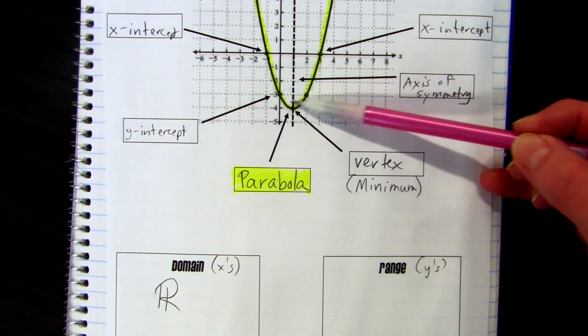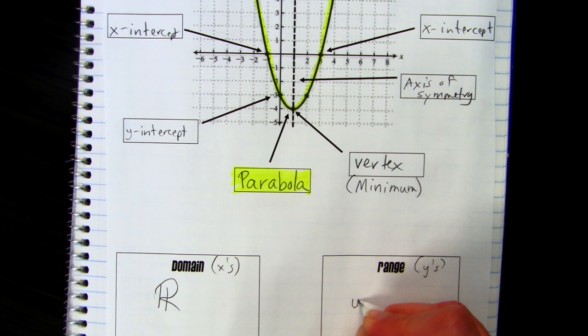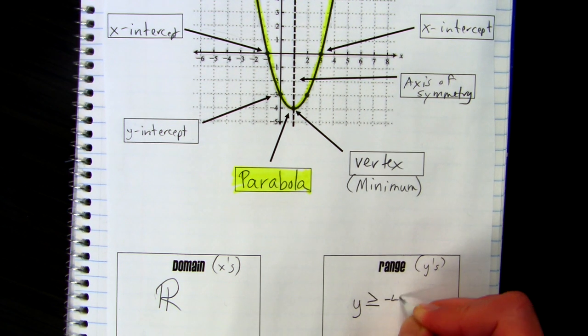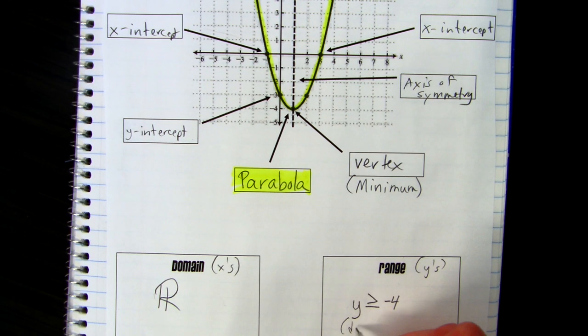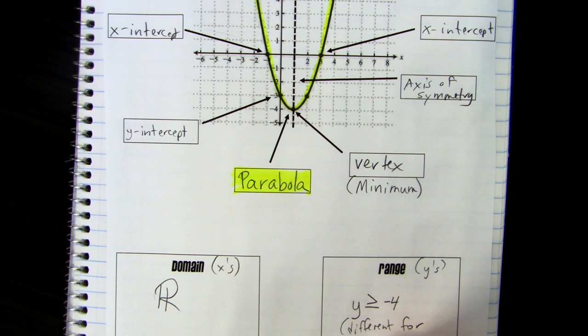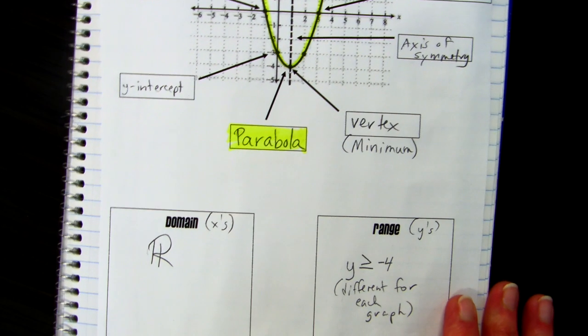This graph does not exist when you go below negative 4. It starts at negative 4, and then it goes forever in the positive infinity direction. So what we're going to say is that y is greater than or equal to negative 4. And this is the part that's going to be different for each graph.